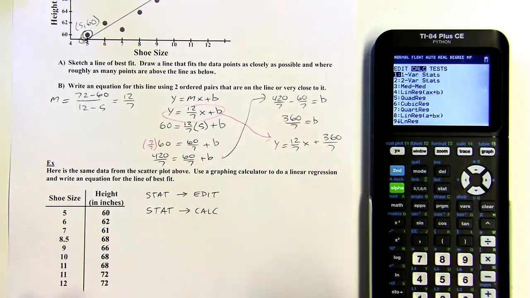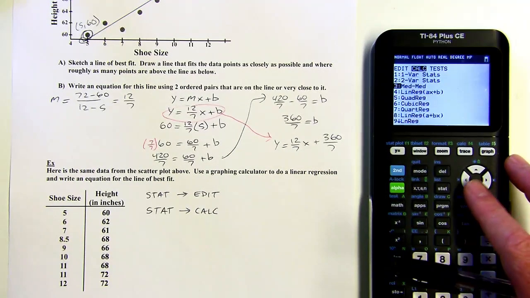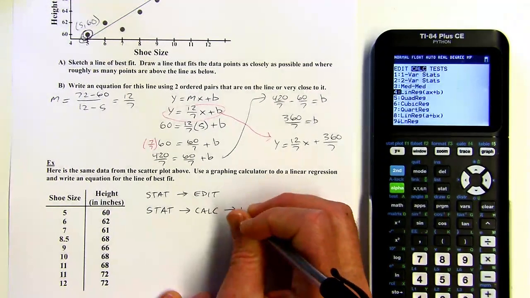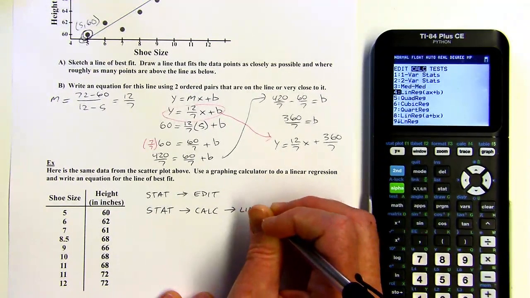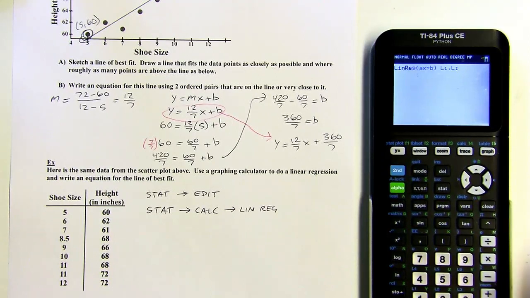I went to the Calc column, and I'm going to go down and do a linear regression just like we did on the last page. Okay, and I'll just hit enter or scroll across the screen until you get to calculate.